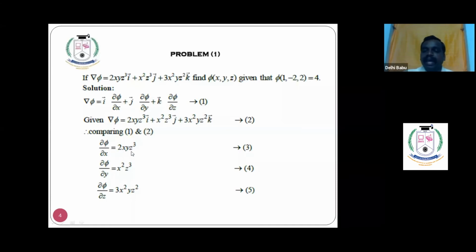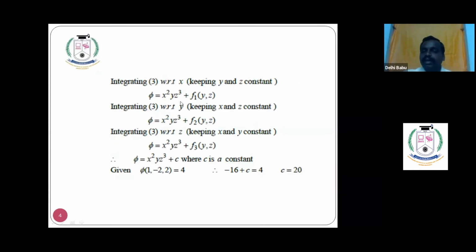All these are in product, so 2y z cube is constant. The integration of x is x square by 2. Both 2 and 2 get cancelled. We get x square y z cube.